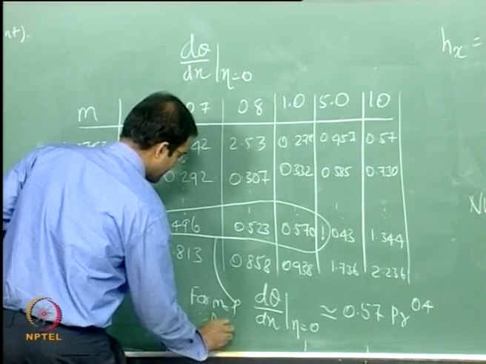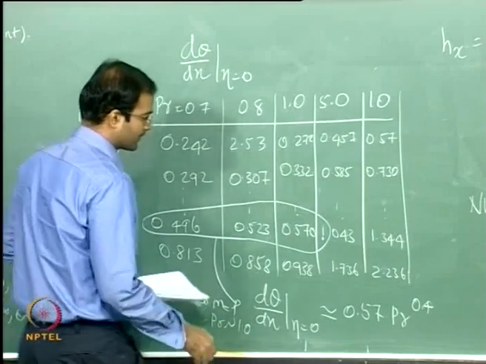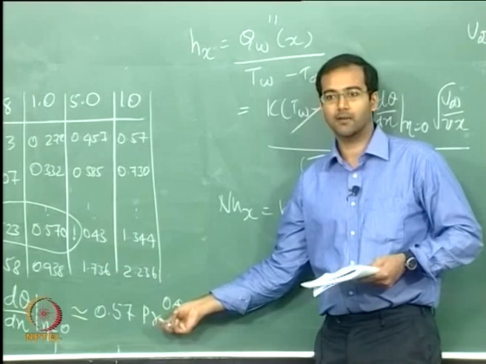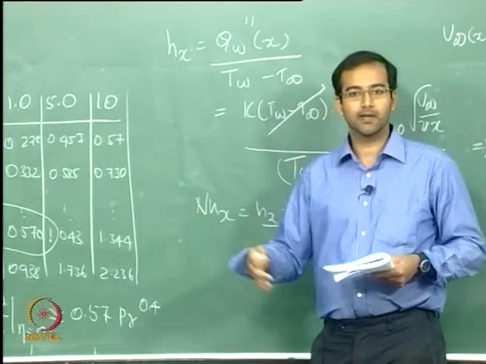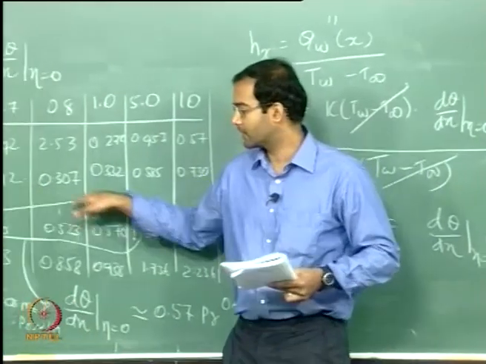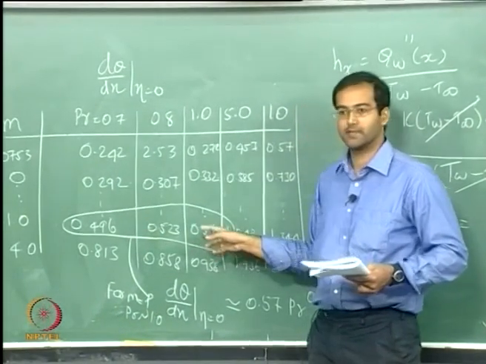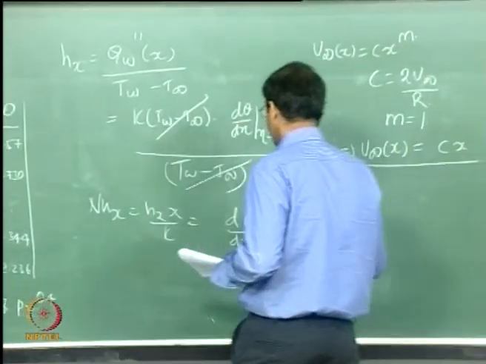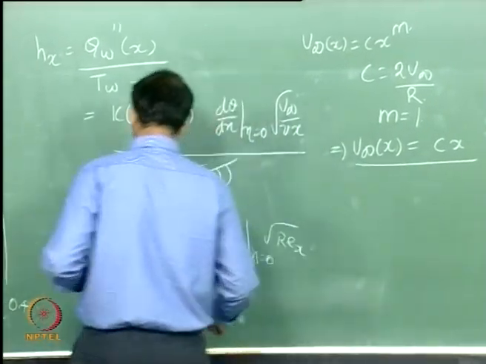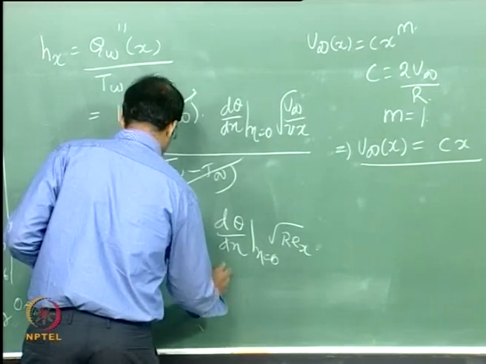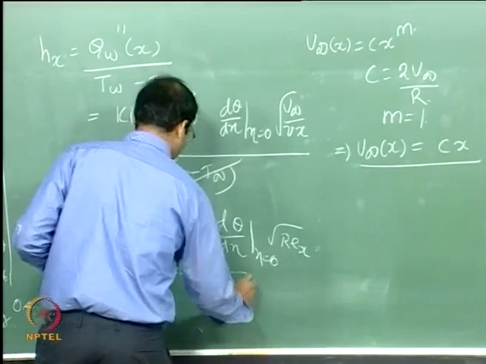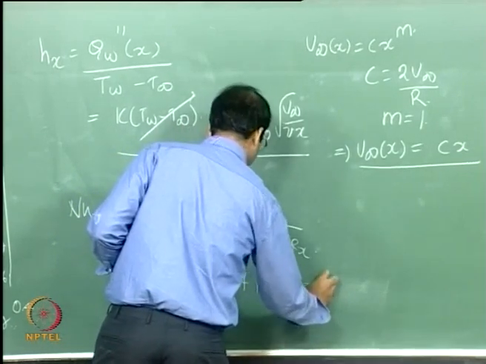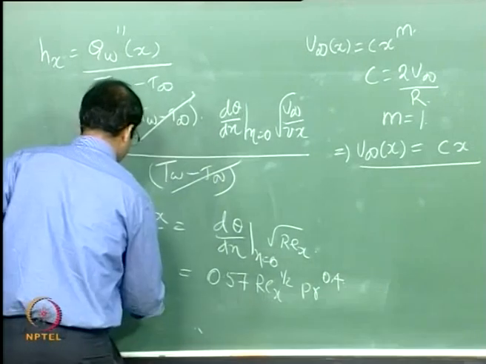So you are not saying here Prandtl number is exactly 1, it has some Prandtl number dependence, but the dependence is relatively similar, you have about 0.5 to 0.57 variation here. So if you substitute for that, your d theta by d eta is a function of Prandtl number now, this becomes 0.57 into Rex power half Prandtl number to the power 0.4.